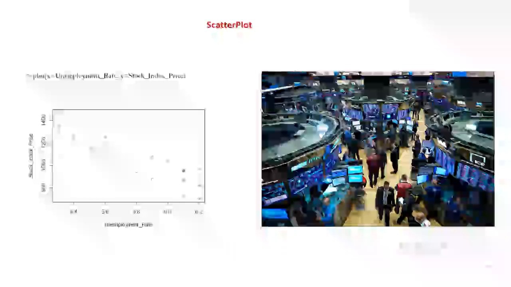Let's say the unemployment rate is 5.4, then the stock index price is much higher. So this is a negative correlation. It is negatively associated and negatively correlated. If the stock index price is higher, it means people are employed.